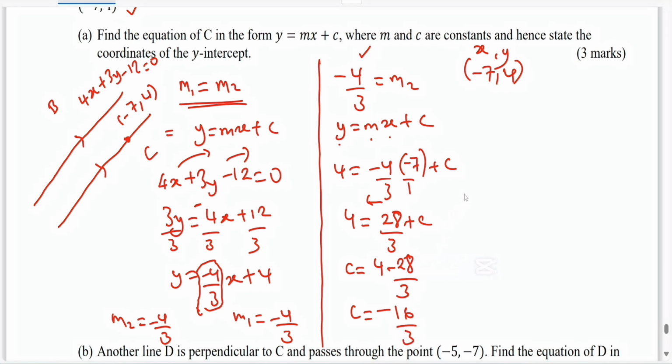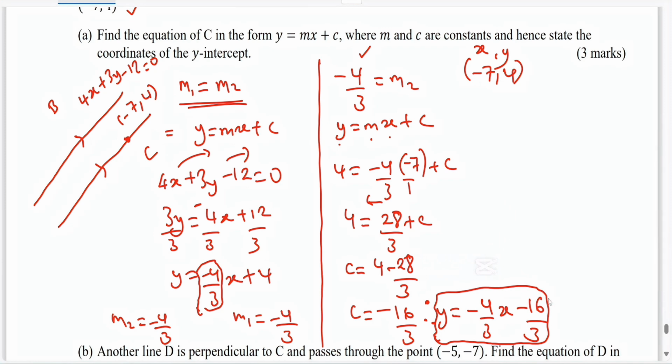So your final answer should be written in this form. So y equal to m yako ni m yetu sasa tutajua ni ngapi, ni hiyo minus 4 over 3x. M yetu ni minus 4 over 3 plus c yetu ni minus 16 over 3. So this is your equation. But now what is our y-intercept?